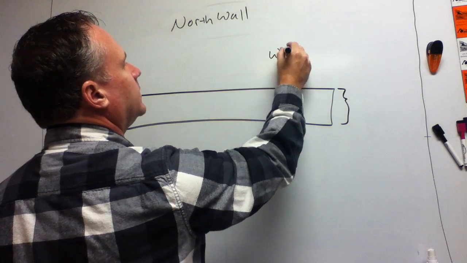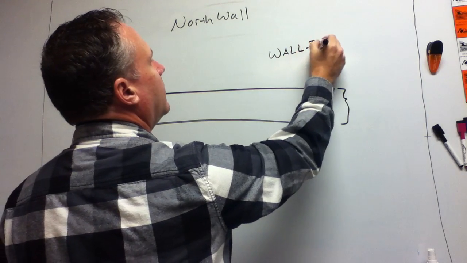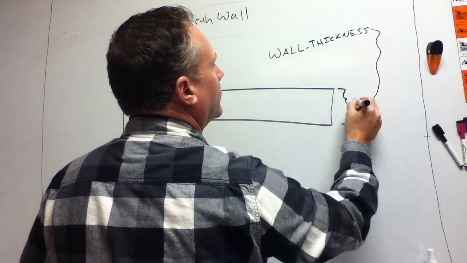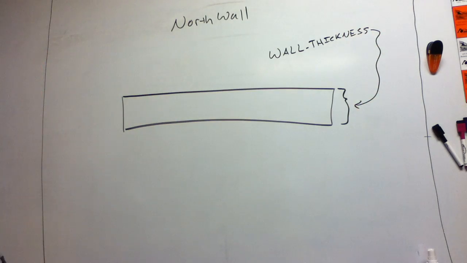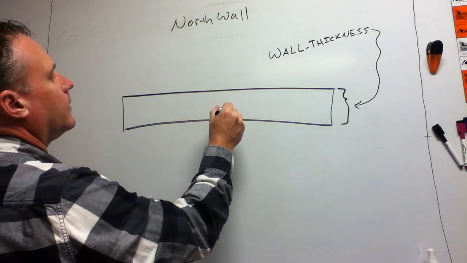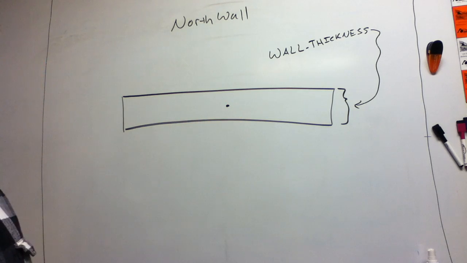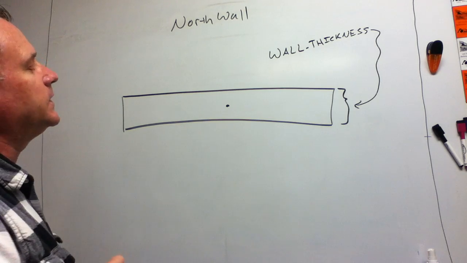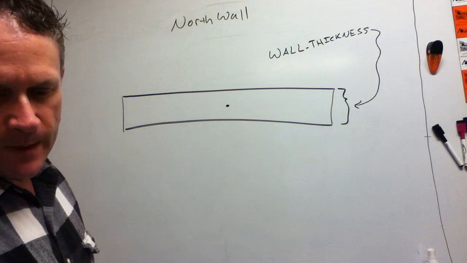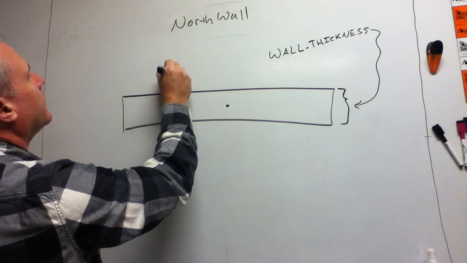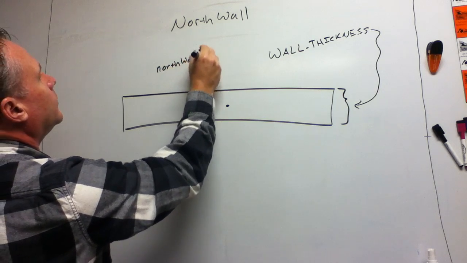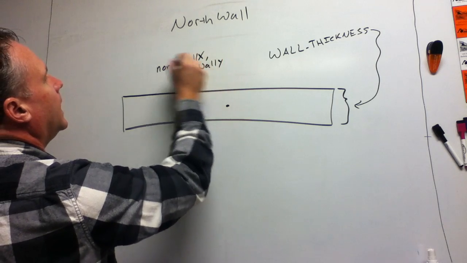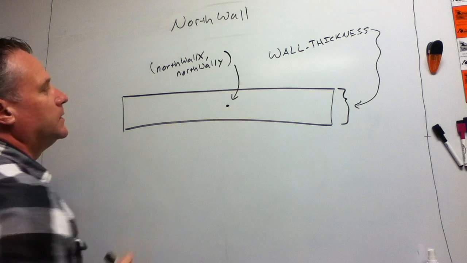And so we'll establish a constant called wall thickness that tells us how thick a wall is. Then we need to know the coordinates of the center of that rectangle, just like we needed to know the coordinates of the ball. So we'll call that north wall x, north wall y. Those will be the coordinates of the center of that rectangle.